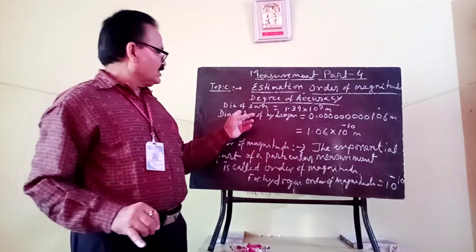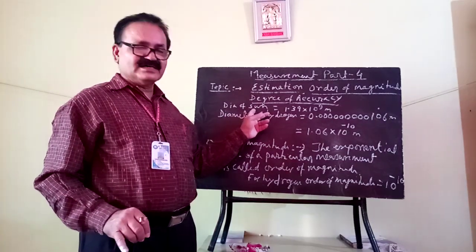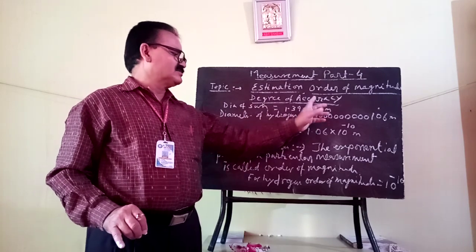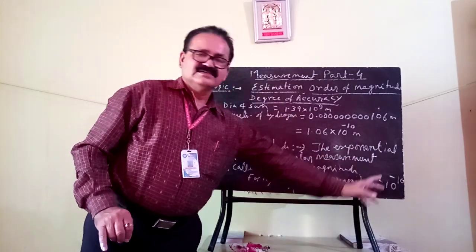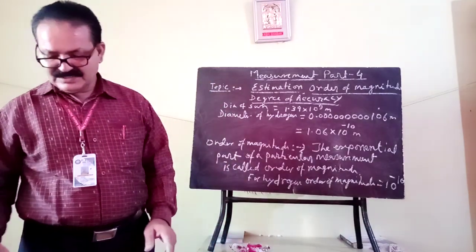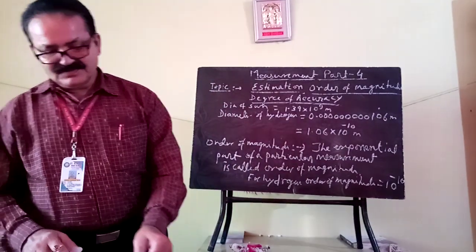That we had already seen. So in case of sun, the order of magnitude is 10 to the power 9, which is positive, and here 10 to the power minus 10, which is negative for hydrogen atom. Okay, you have got it.